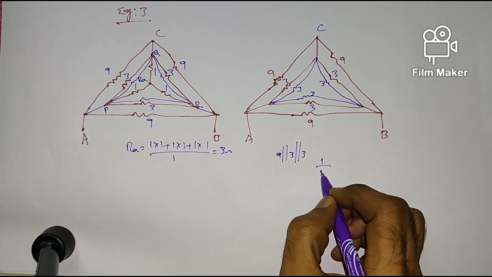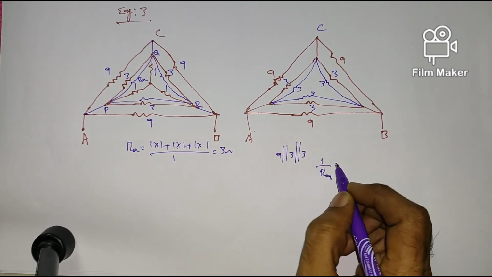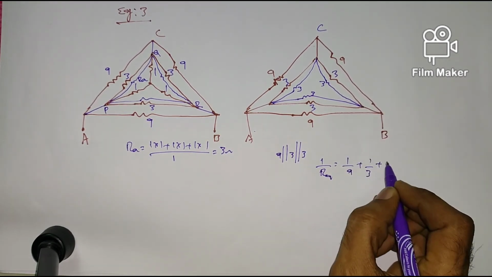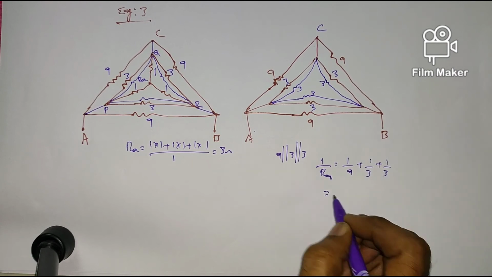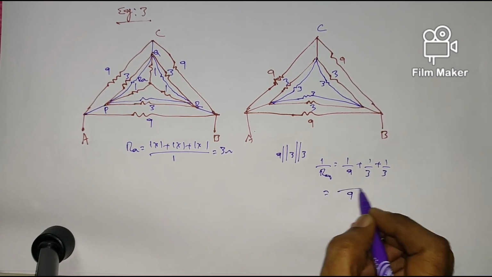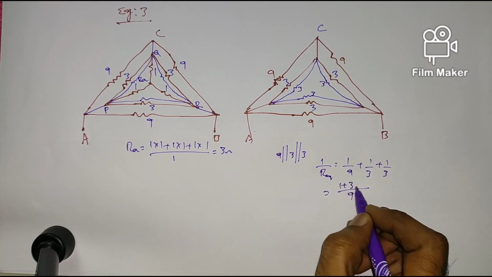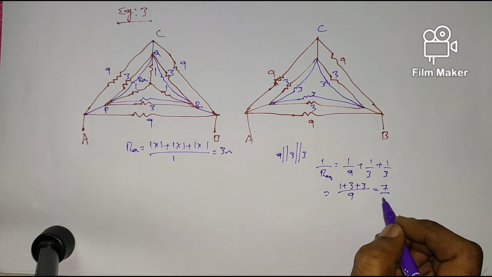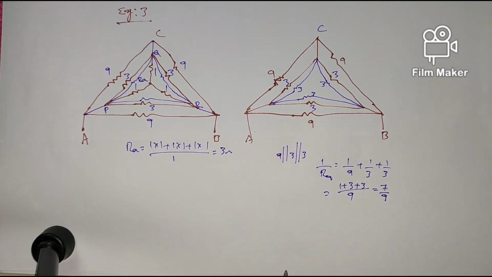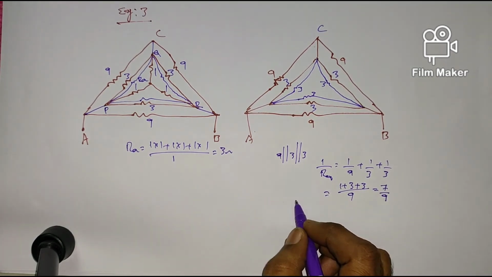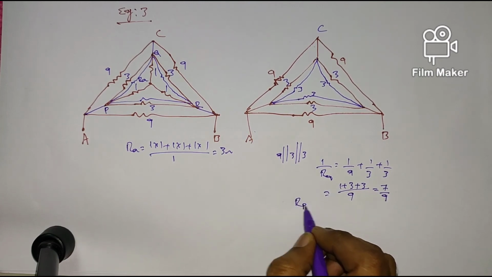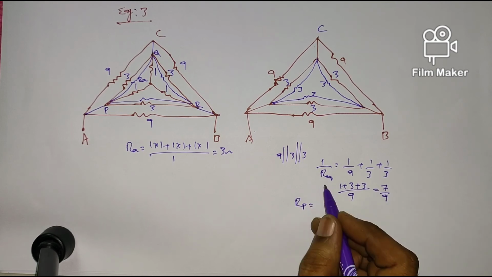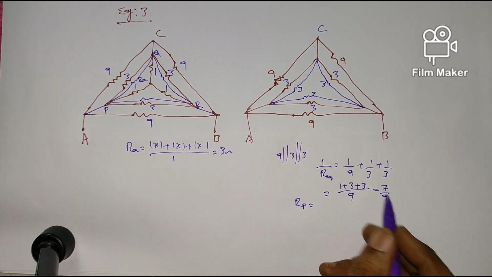So 1 by R equivalent is equal to 1 by 9 plus 1 by 3 plus 1 by 3, that is equal to, 9 is the LCM, 1 plus 3 plus 3, that is equal to 7 by 9. So R equivalent is equal to 9 by 7.